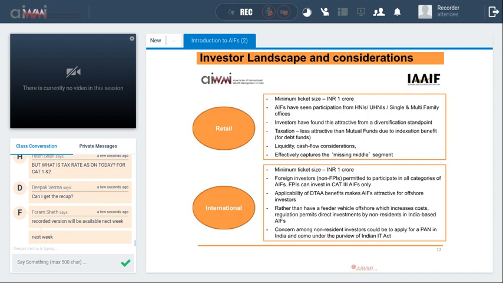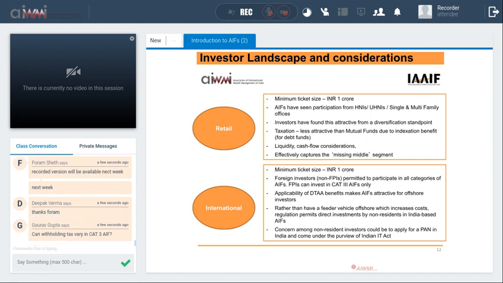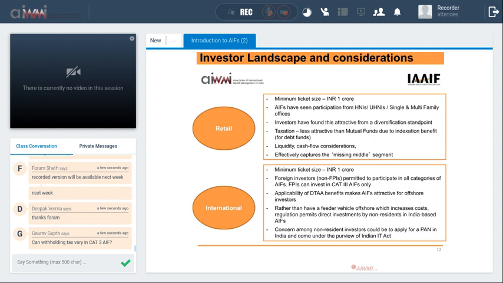You have on slide 2 the retail and the international investor. The retail investor, we talked about the minimum ticket size, so it's essentially a product which is there for the HNI market, the ultra high net worth individual, family offices. And in the case of the international investors, as I specified, the tax rates will be as per the DTA what they specify.